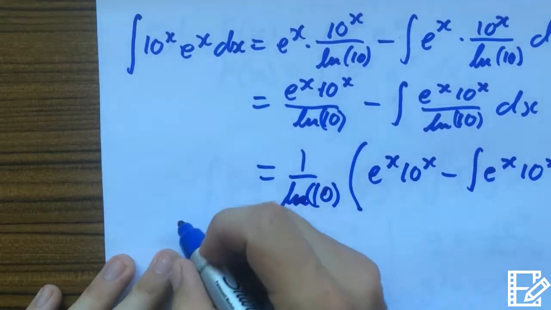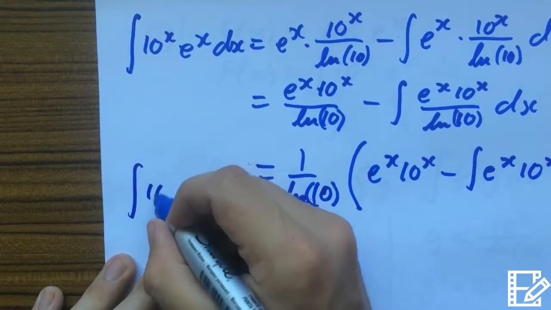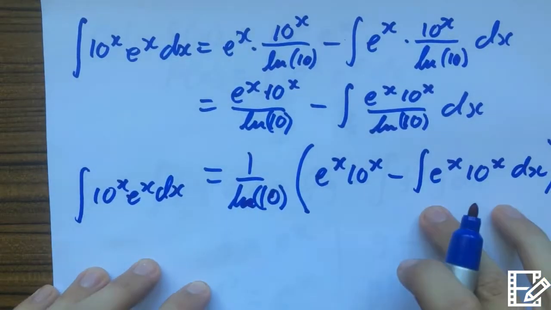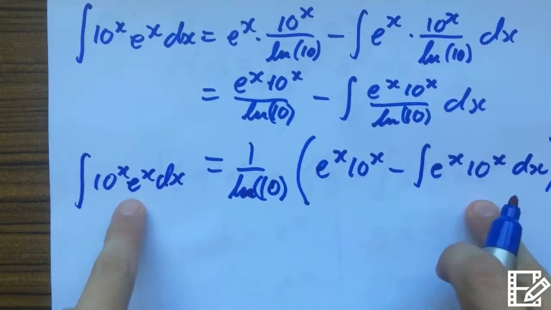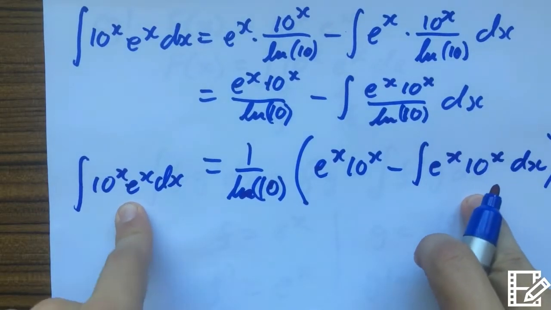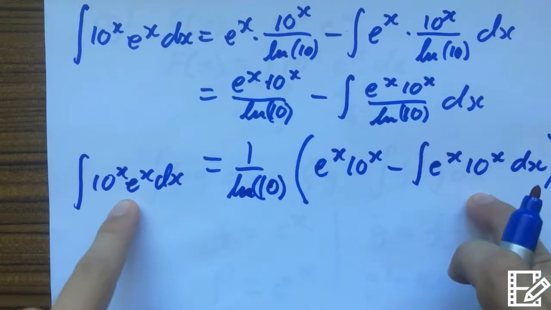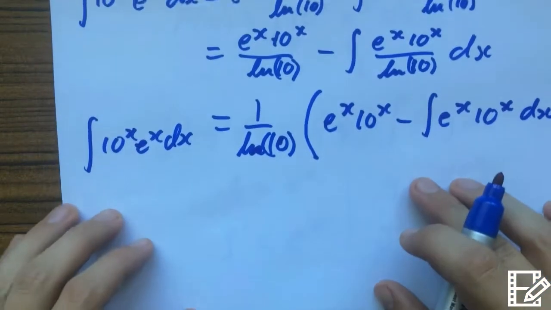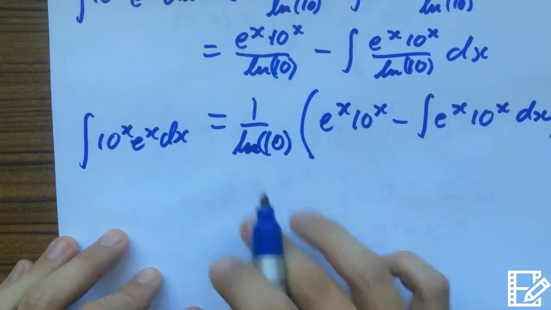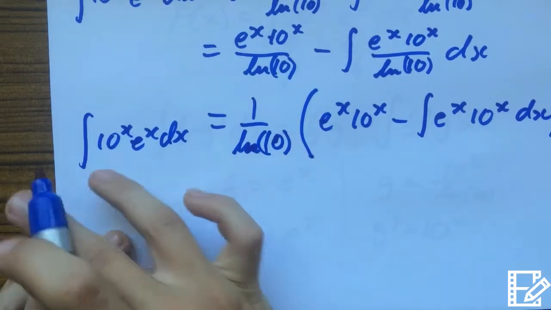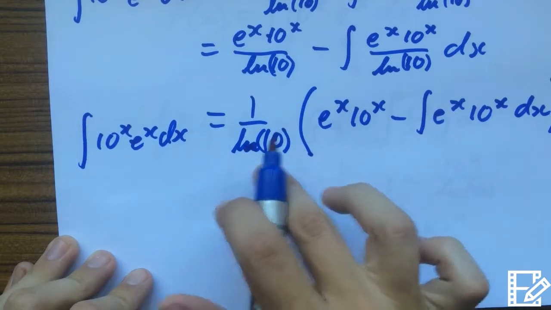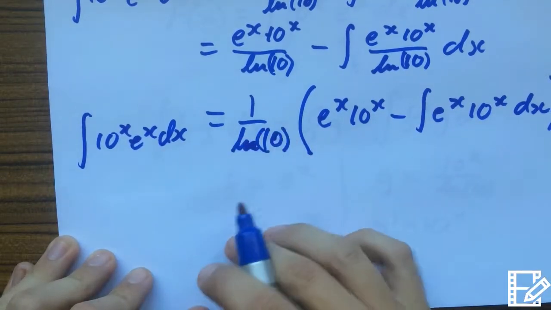Okay, and then we still have this 10^x e^x dx on this side, and these two look the exact same. What a coincidence. I'm going to try and find a way to get this onto that side and solve from there. But for now, this is in the way, so we have to multiply ln of 10 on both sides to get rid of it.